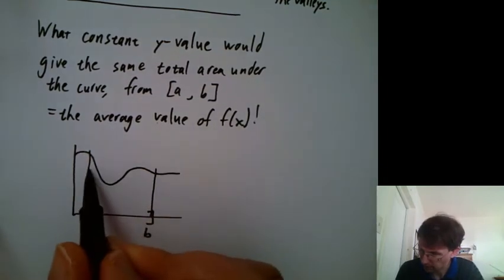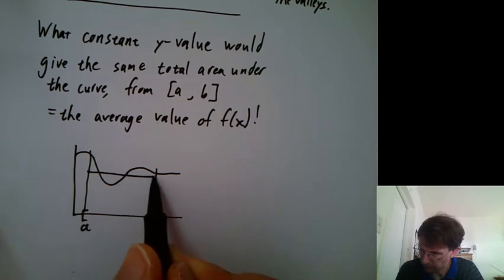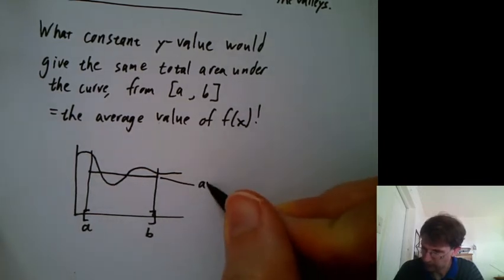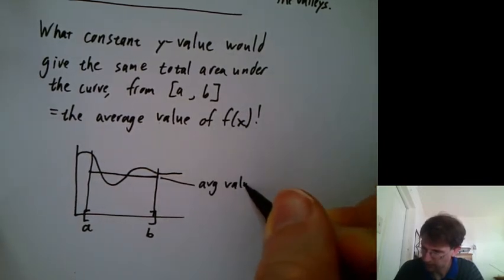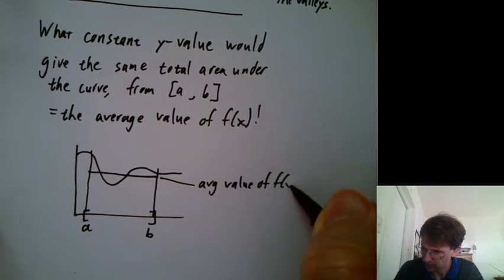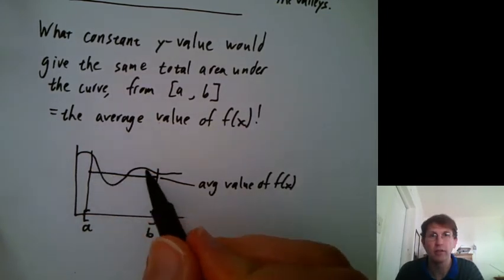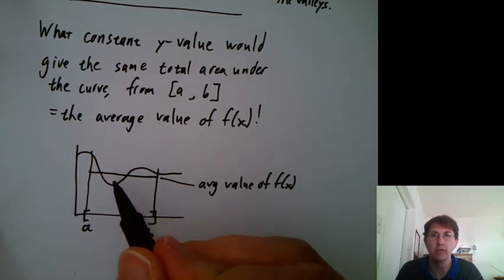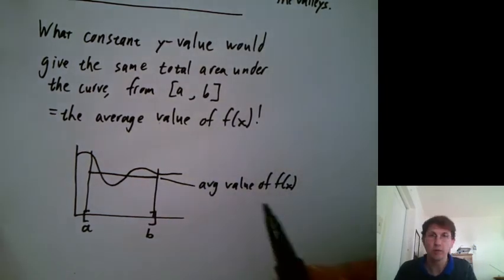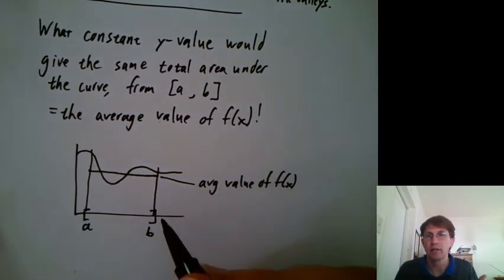That would probably be somewhere like there. You can see this part probably isn't enough to fill in that. You would need some of this to help fill that in too. That's another interpretation of the average value.